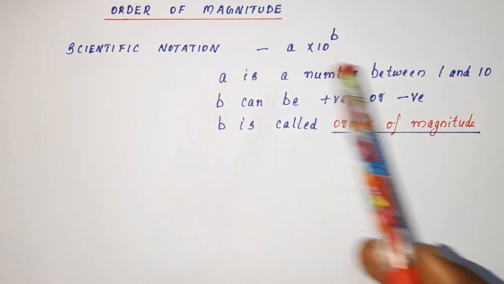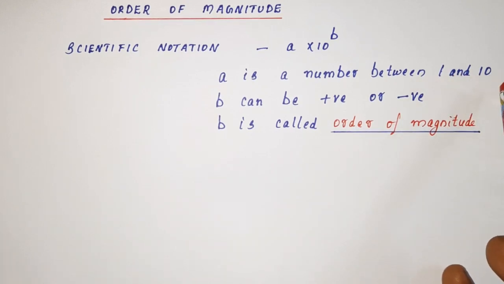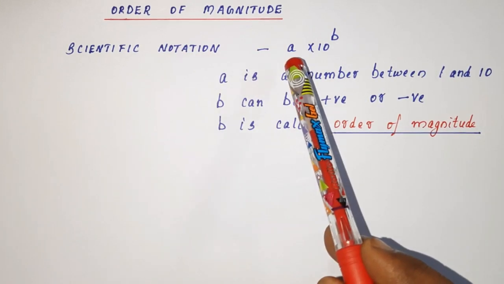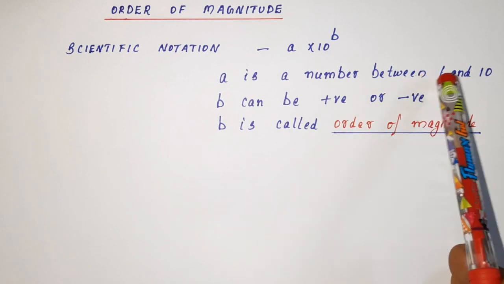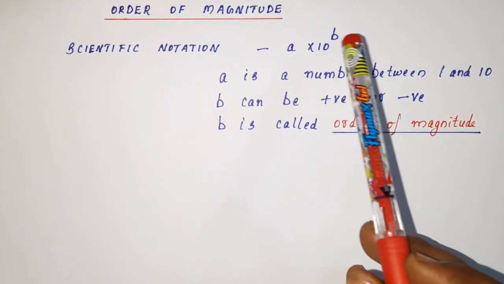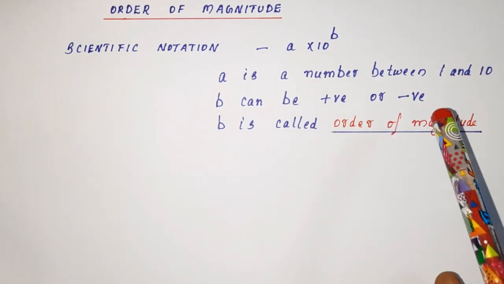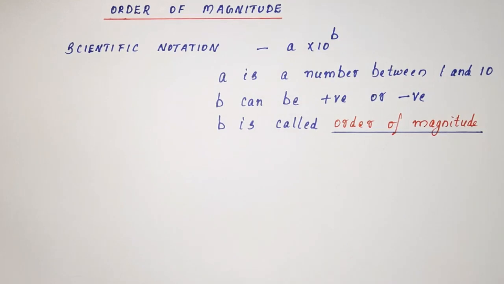Here a will be a number between 1 and 10. That way you have to write. You cannot write any number there. And b comes as the power of 10, so it can be either positive or negative. There that b is called the order of magnitude.